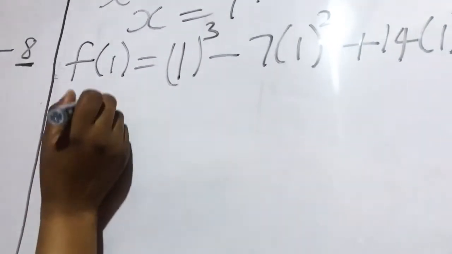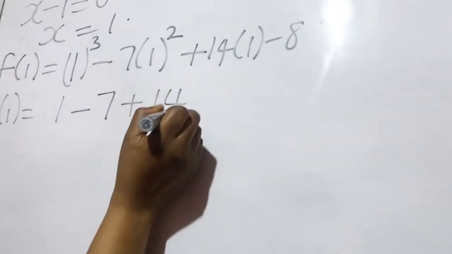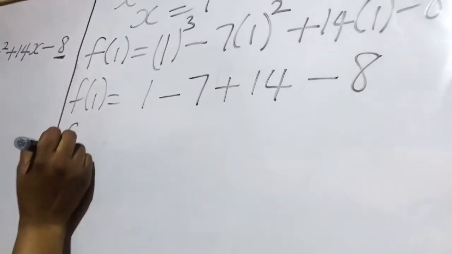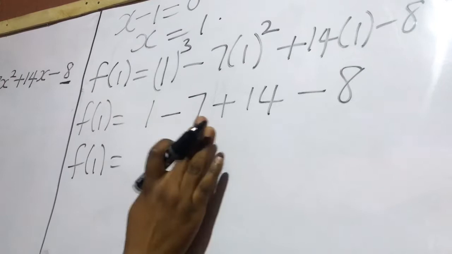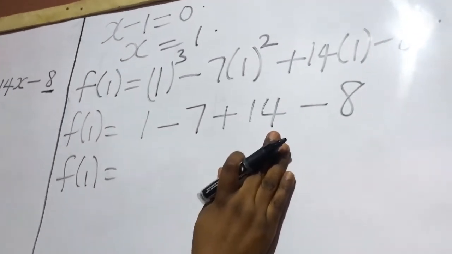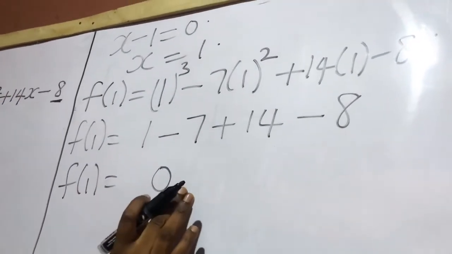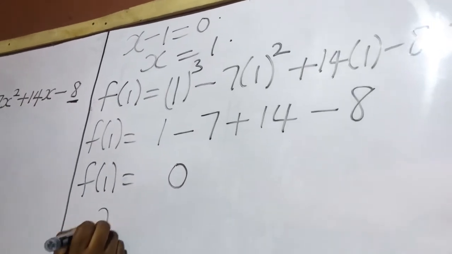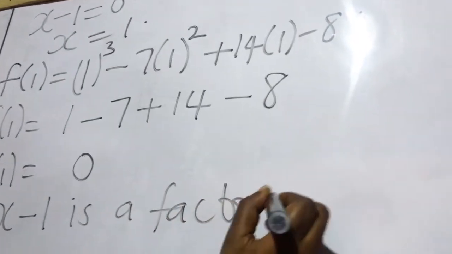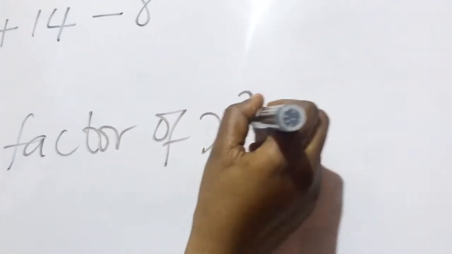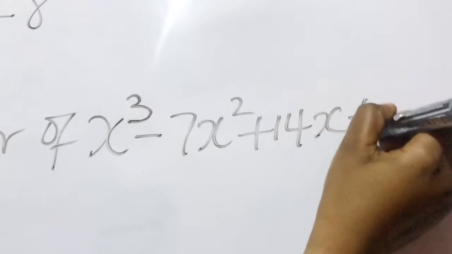So f of 1 will be equal to 1 minus 7 plus 14 minus 8. 1 minus 7 is minus 6. Minus 6 plus 14 is plus 8. Plus 8 minus 8 is equal to 0. So when the remainder is equal to 0, it means that x minus 1 is a factor of x cubed minus 7x squared plus 14x minus 8.